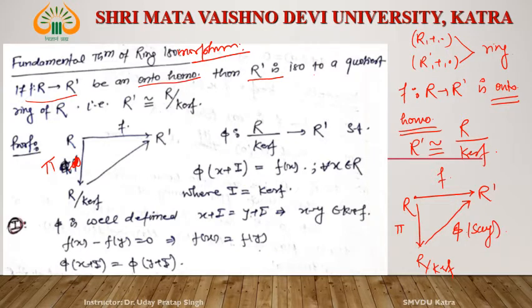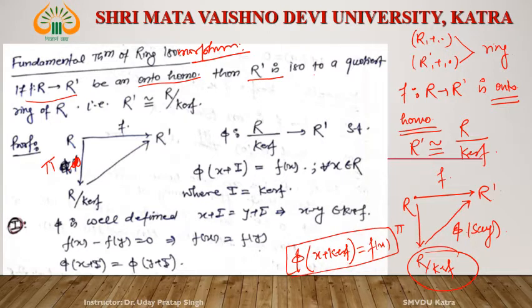Now this phi is defined as follows. What is an element of R by kernel of f? That is x plus kernel of f. Phi of x plus kernel of f is an element of R prime, say this is f of x, since f is a map from R to R prime. So this phi is defined in this way.